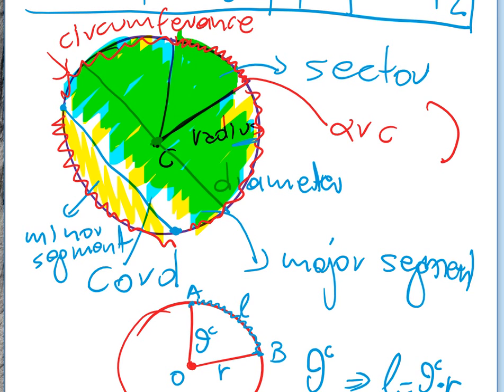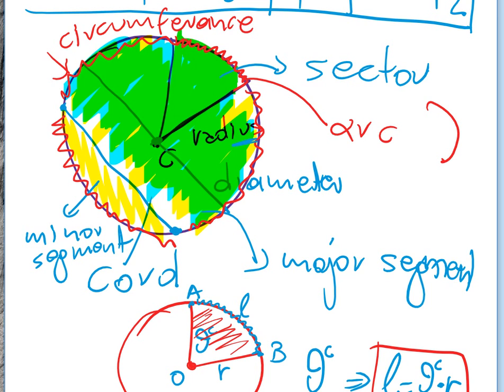And if we have degrees, I want you to remember that, we need to change this length in degrees. And how we change the length in degrees, we have to take that angle, and that angle has to be a part of a small sector.